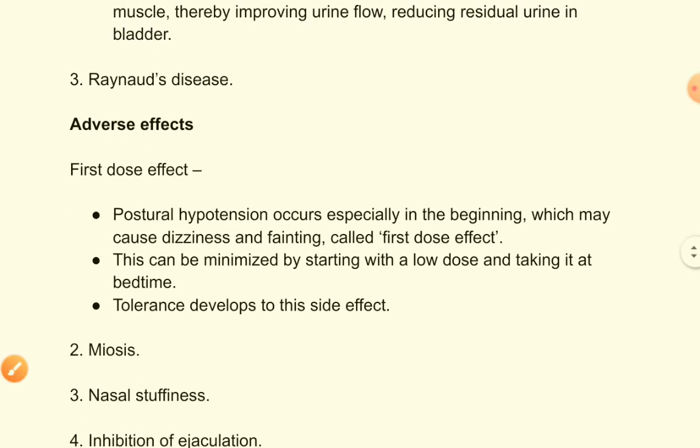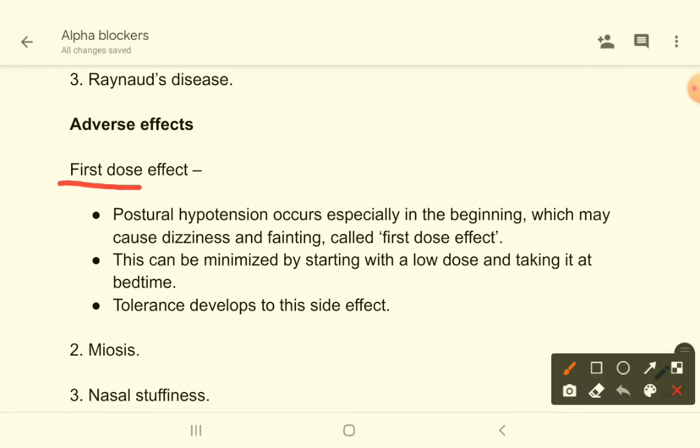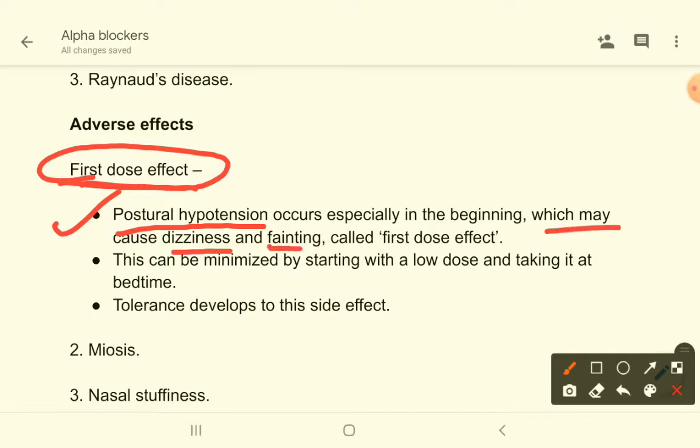What are the adverse effects? Of course, this has a first dose effect. If you give this drug first time, that can lead to postural hypotension. Okay, but it usually occurs with the initial few doses. So that is called the first dose effect, okay, and that may lead to dizziness and fainting. But this can be minimized by starting with a low dose.